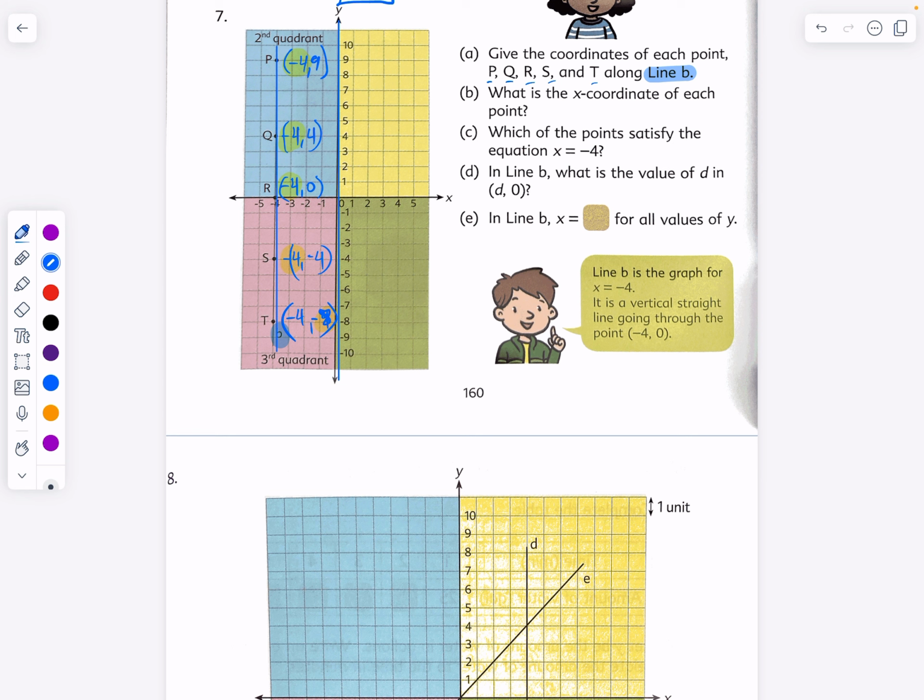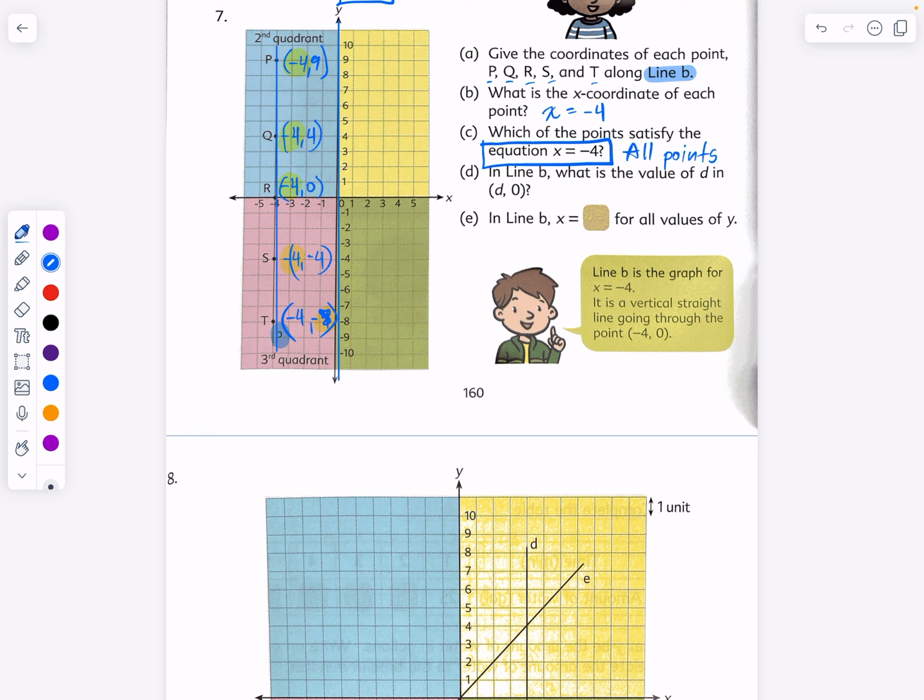So, what is the x coordinate for each point? X is always constant and it's equal to -4. Which of the points satisfy this equation? X equals -4.